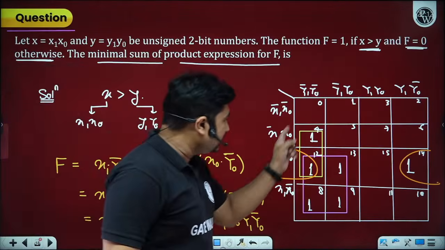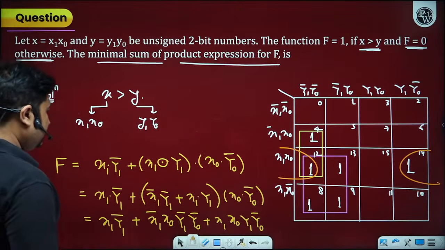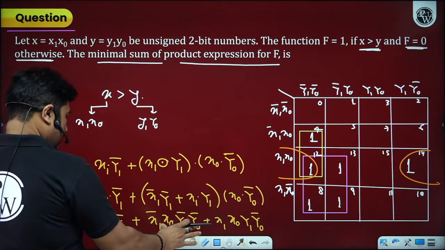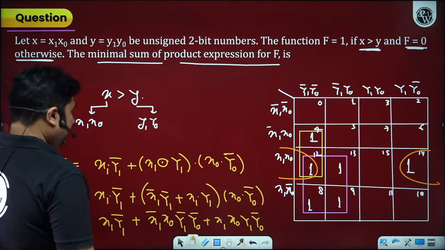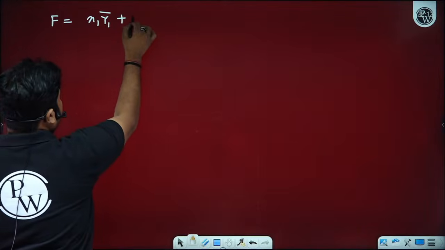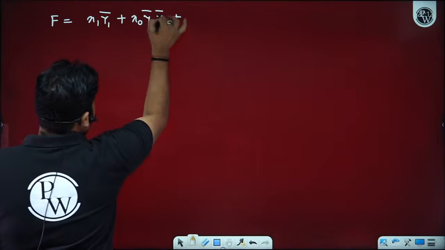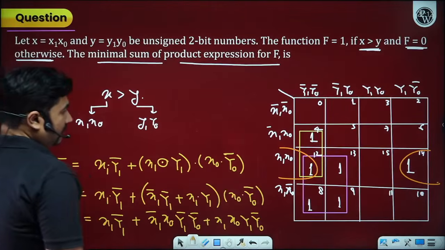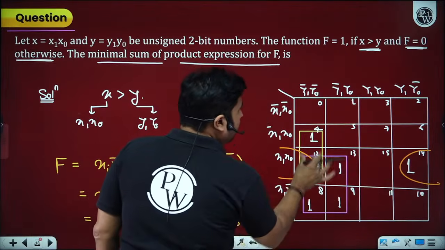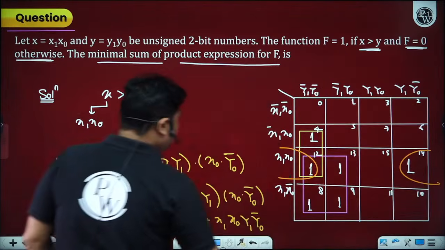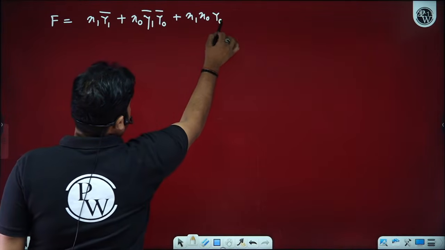And then we have this pair which gives x0 y1 y0 bar, plus, sir, we have x1 x0 and from here we have y0 complement, x1 x0 y0 complement.